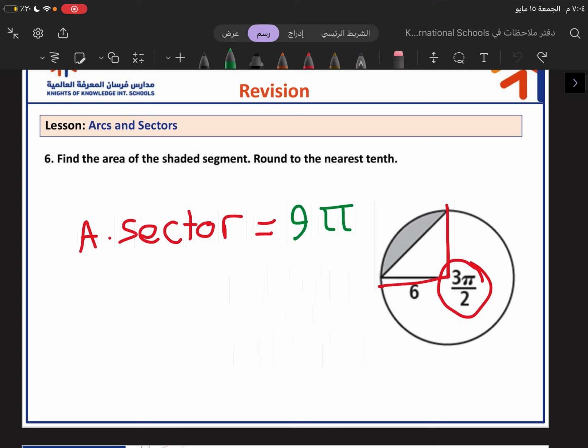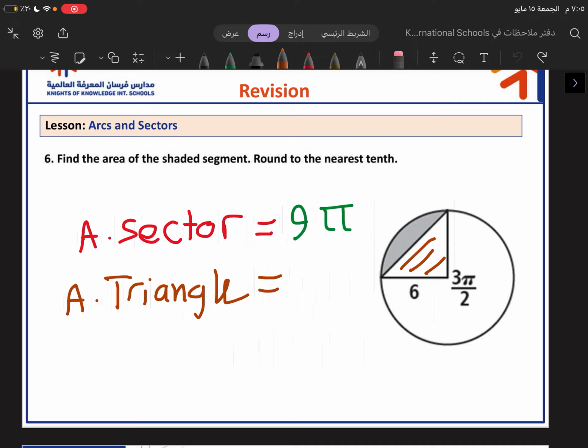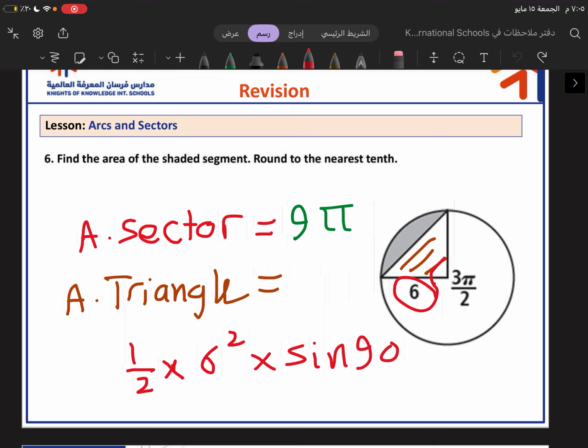Now I find the area of this triangle. This is the second step, area of triangle equals, I taught you the law, half multiplied by the radius square, multiplied by sine of the central angle, which is 90. Sine 90 is 1.